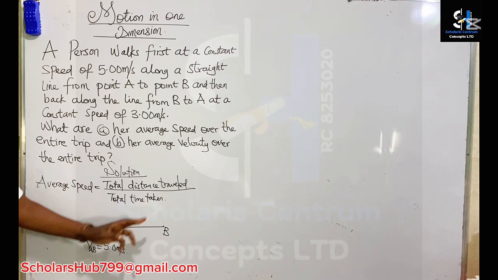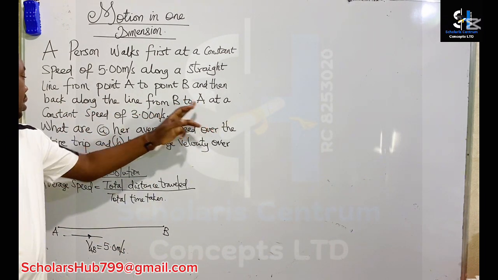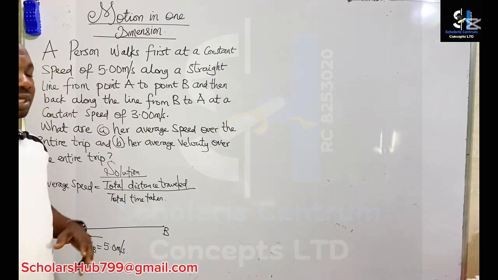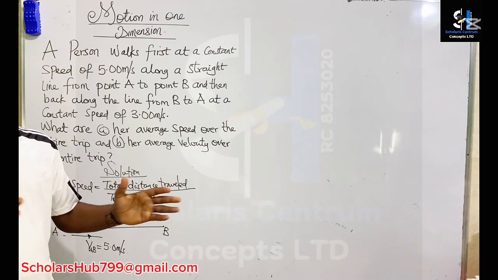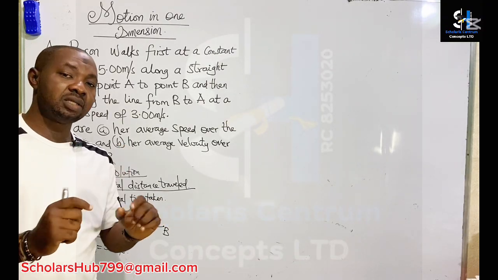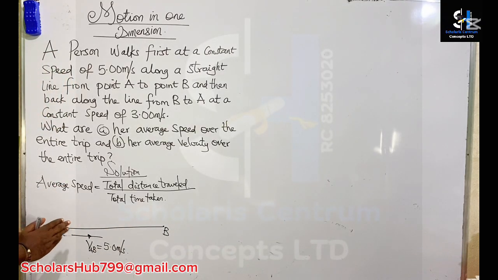So now we have the person walks from A to B at a constant speed of 5.0 meters per second, and then back along the line from B to A at a constant speed of 3.0 meters per second. The time will change, but the distance will remain the same. That is the idea in this case.